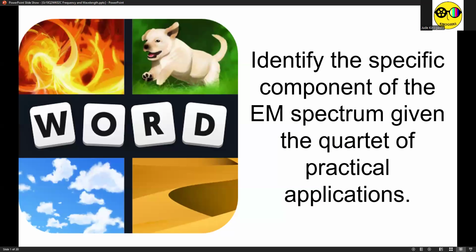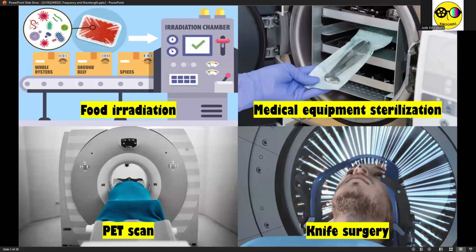All right. Now, we play four pics one word, but of course with a scientific twist, in that we identify the component of the electromagnetic spectrum given four practical applications. Number one, you have food irradiation, wherein you exterminate the microorganisms in food.